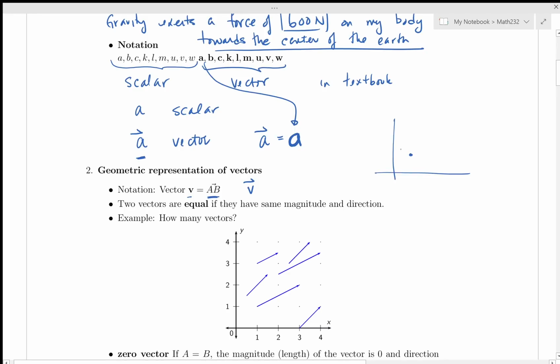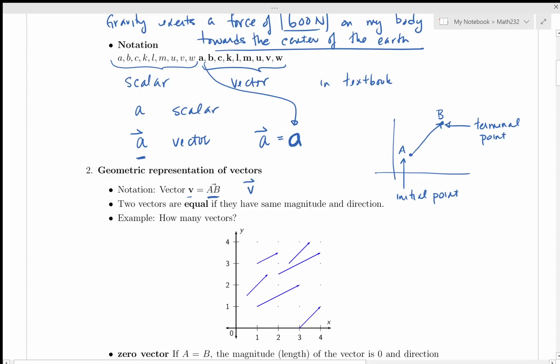Let's just have a point here where it starts, A, and some point here where it ends, B. So it's the directed line segment between A and B. The point A, where the vector starts, is called the initial point. And this point here, B, where the vector ends, is called the terminal point.